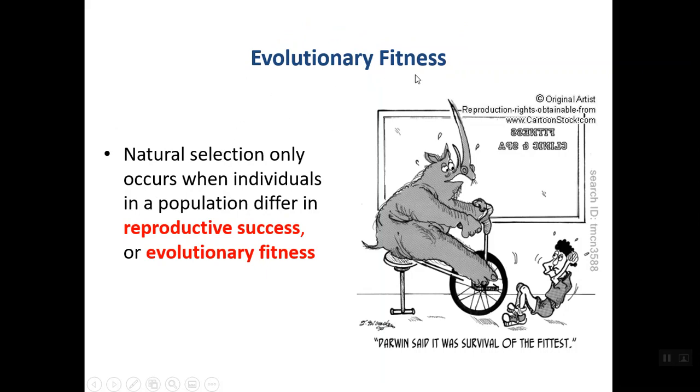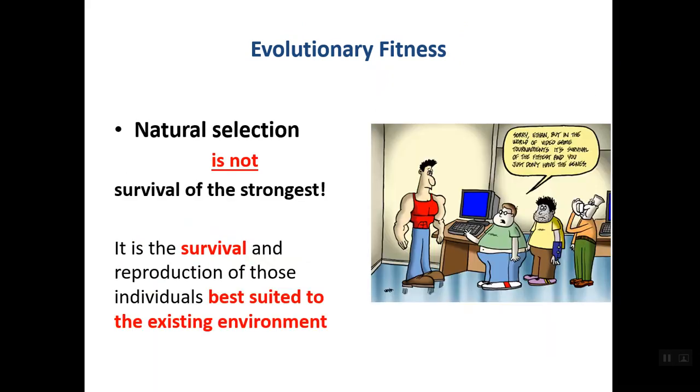So remember, evolutionary fitness refers to reproductive success and not to what we intend in lay terminology. So it's not necessarily the most fit individuals in a population, in evolutionary terms, that are the strongest, but the best suited in the existing environment.